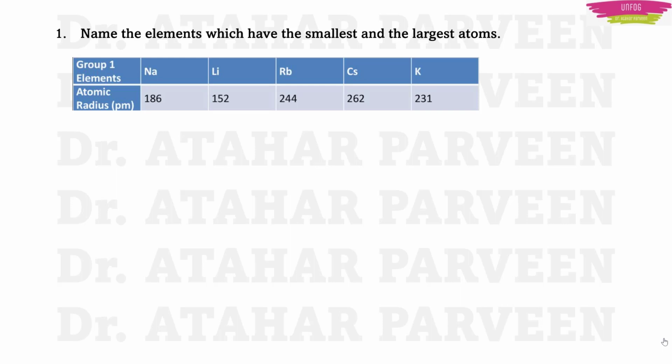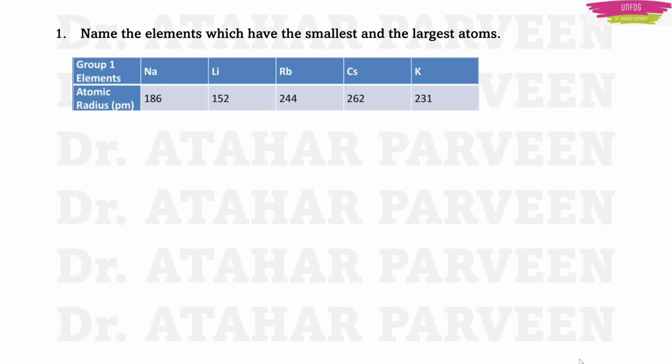The first question is, name the elements which have the smallest and the largest atoms. So we have a table here. In this table, group 1 elements are given and their atomic radius is also given. So you can see that as the atomic radius will be increasing, it means that the atom is larger. If the atomic radius is small, then the atom is smaller, correct?